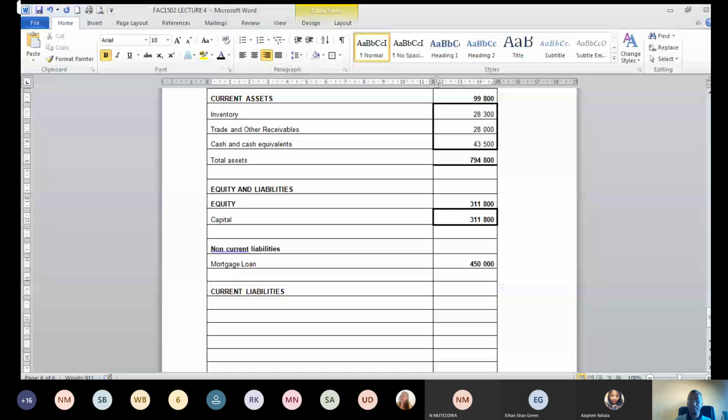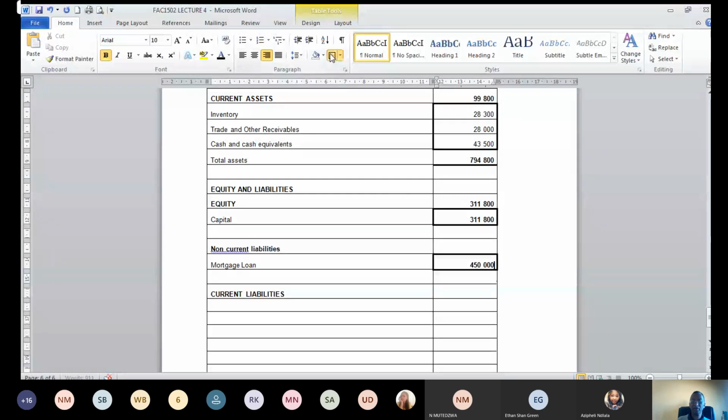You block that, since that is the only amount of non-current liabilities. So your non-current liabilities in total is the amount of 450,000 Rand.